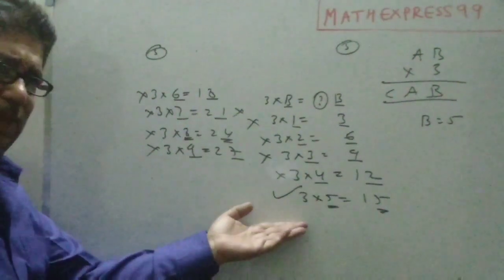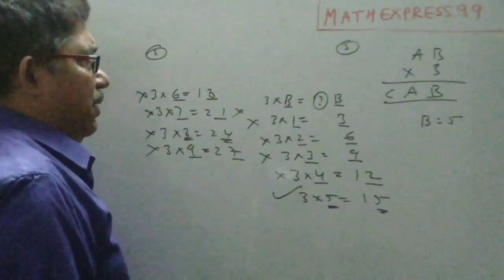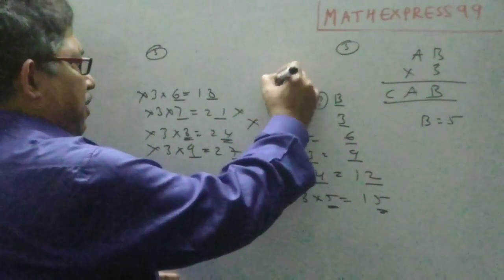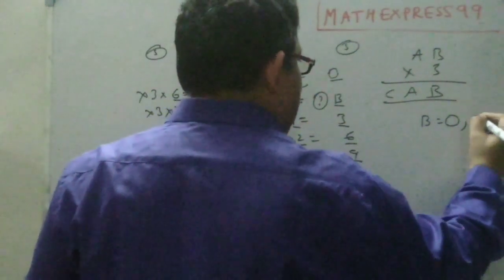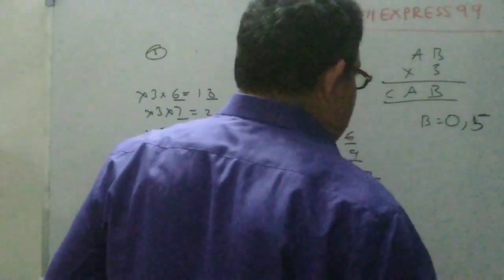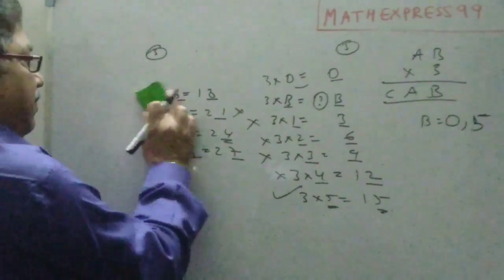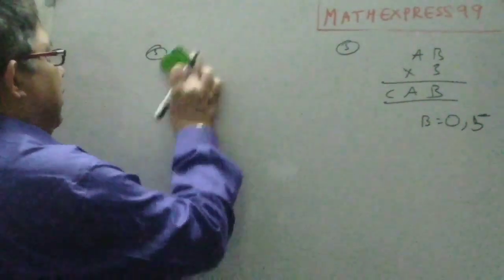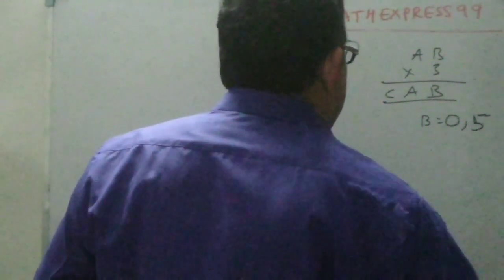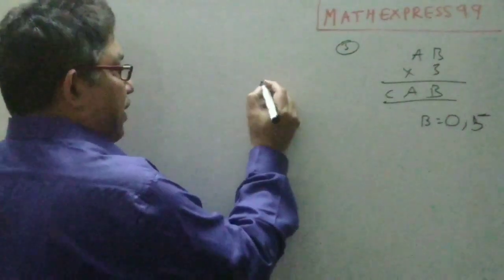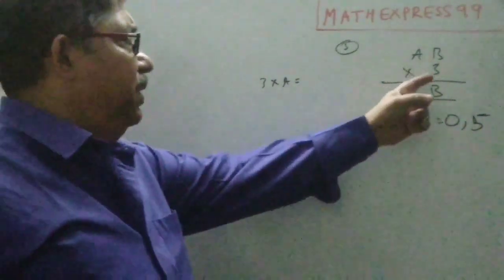Of course 0 also works, but if I make it 0, many other things will, let me see. 3 into 0 is 0, so B can be 5 also and B can be 0 also. Let us see which one will work. Now 3 into A, you can see 3 into A will give us CA.